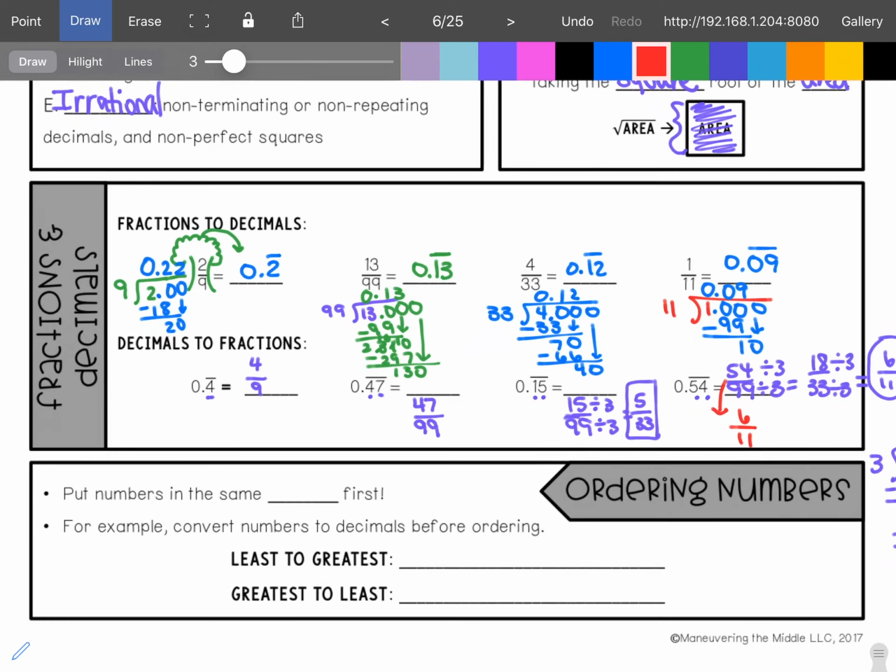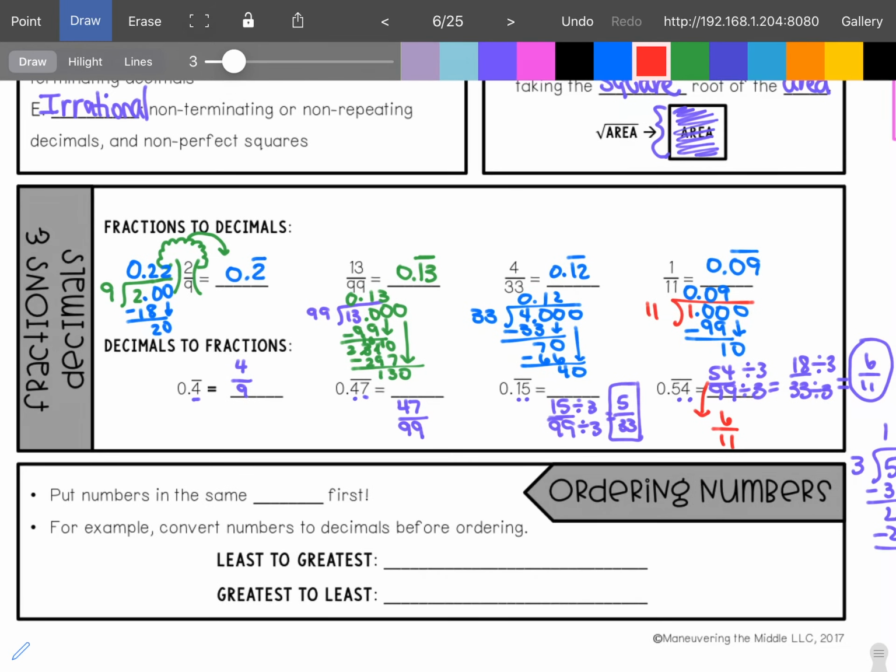All right, and then the last part, when we are ordering numbers, we put numbers in the same form first. So if we have a list of numbers, you're going to want to put them either all into decimals, all into percentages, or all into fractions, which will basically be your easiest way to put them in order.